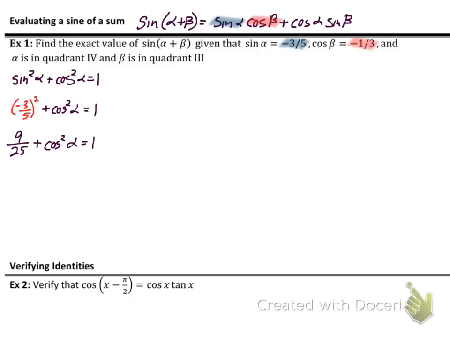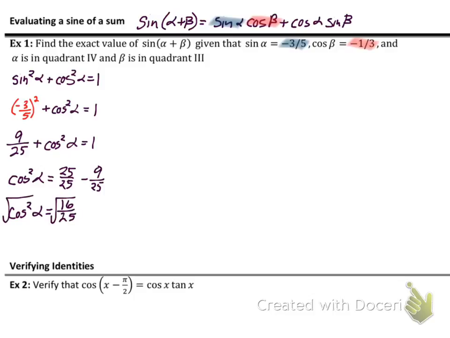I'm going to subtract 9 over 25 from both sides. So cosine squared alpha equals, instead of 1, I'm going to write 25 over 25. It's just going to save me a step because I already know that I'm subtracting 9 over 25. Might as well make the denominators the same. And we're going to see that cosine squared alpha just equals 25 minus 9, which is 16 over 25.